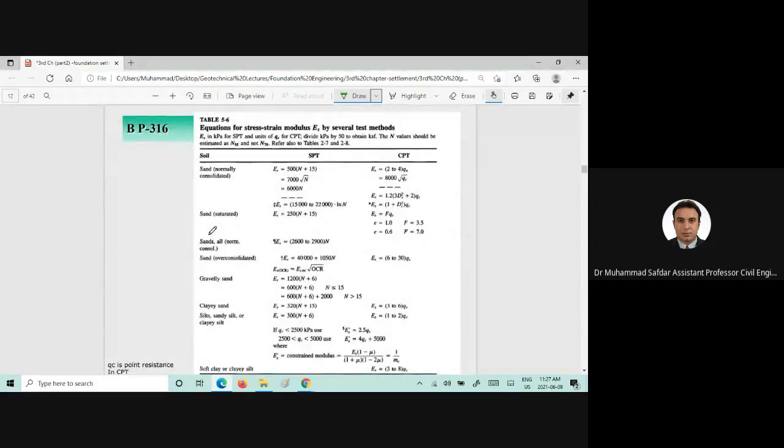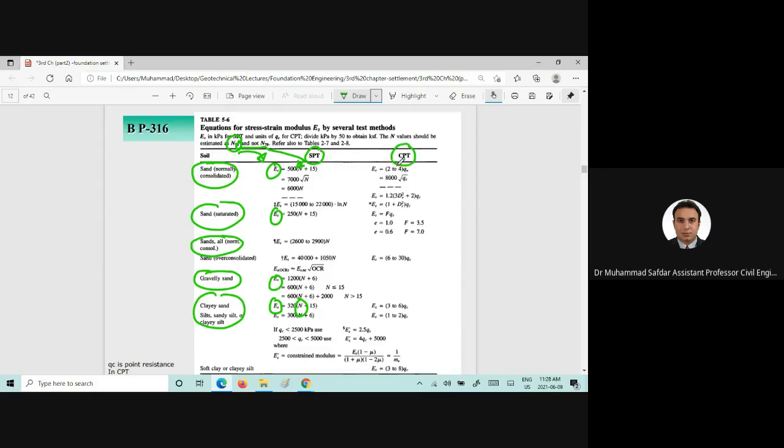Now, from the standard penetration test, we get the SPT N value, which is N55 in these correlations, and we can estimate for various types of soils the modulus of elasticity for that particular soil if we have the SPT N value.